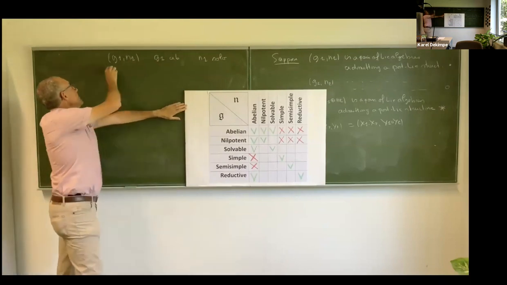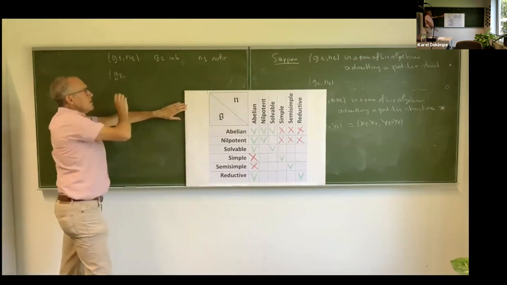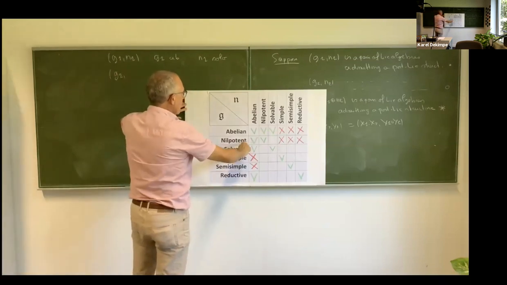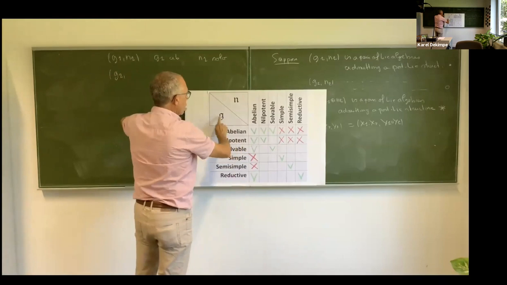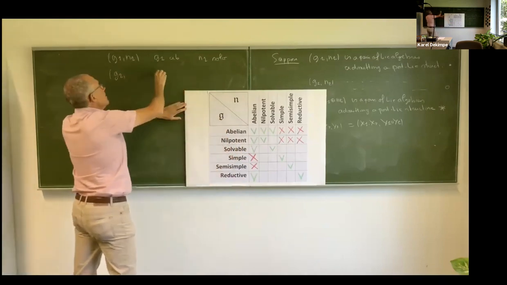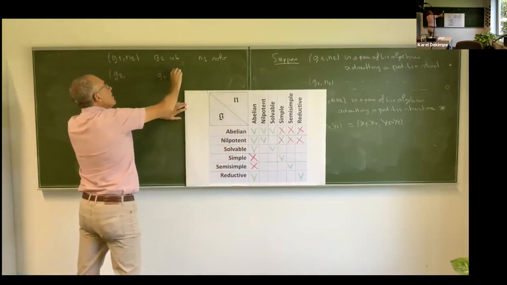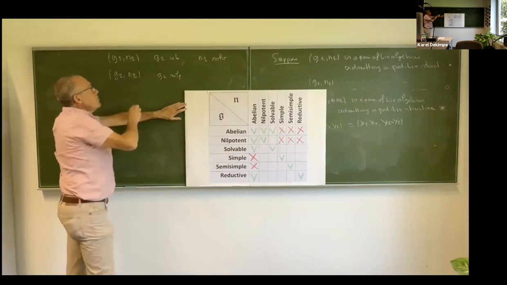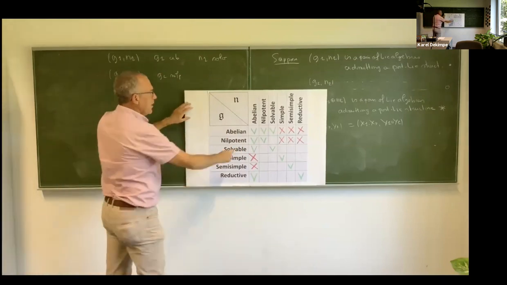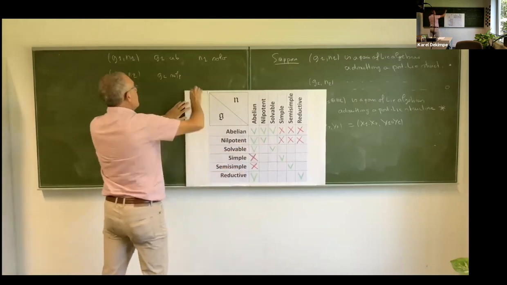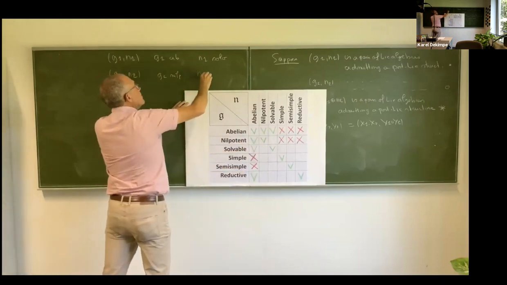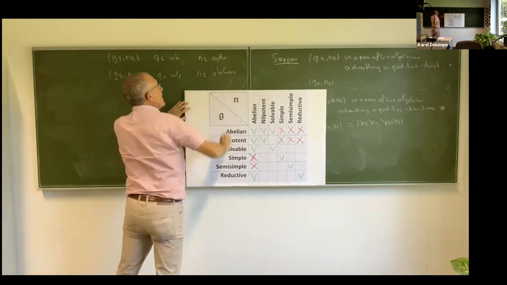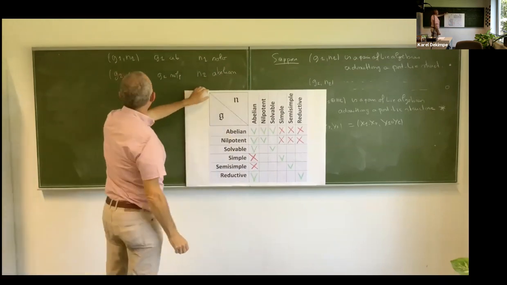And then there is a second possibility: G2 is nilpotent. And N2, well, you can choose one of these two. For example, N2 is abelian. So these examples exist.